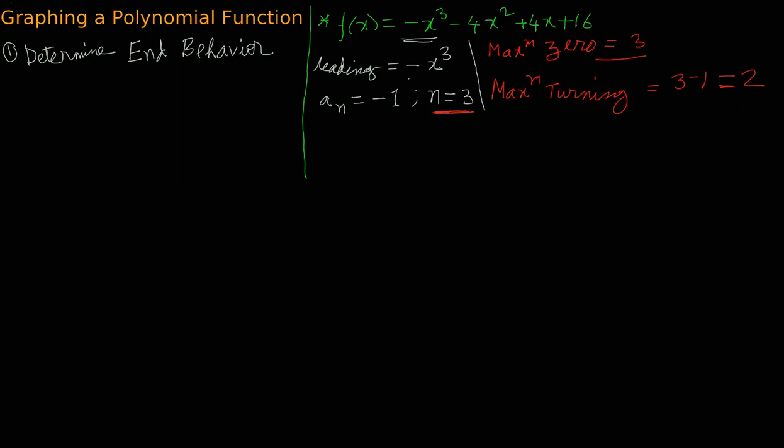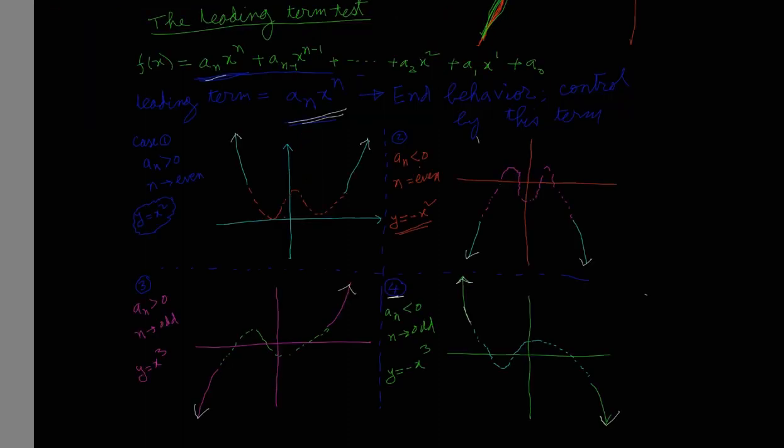All right, now let us see the end behavior. With a_n less than 0 and n equal to 3, let us see how I can find the end behavior.